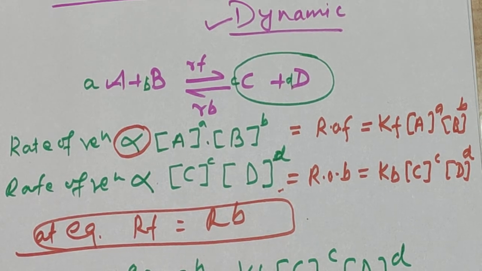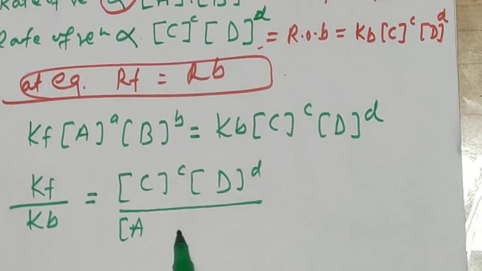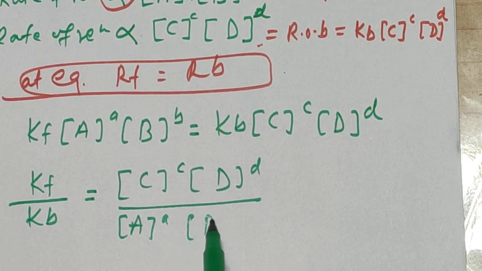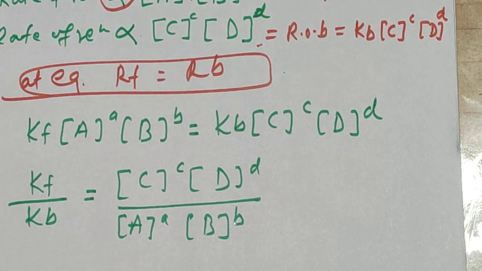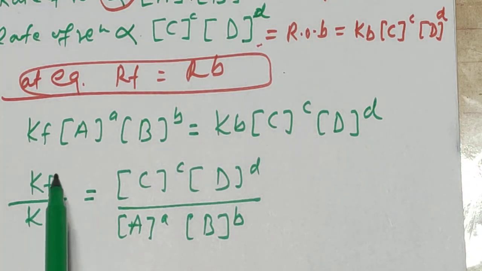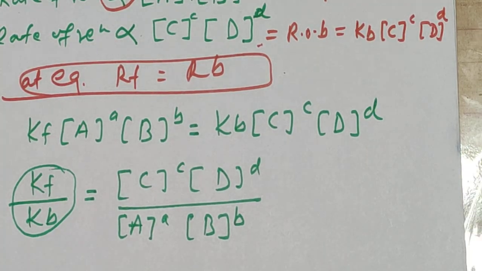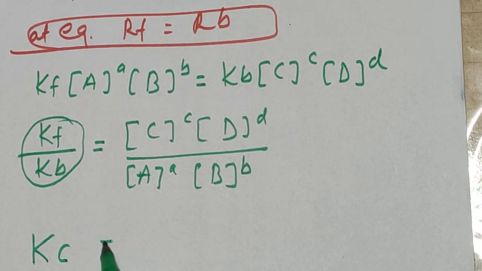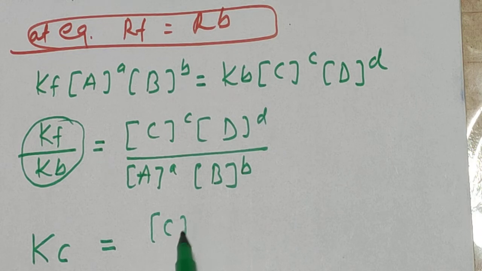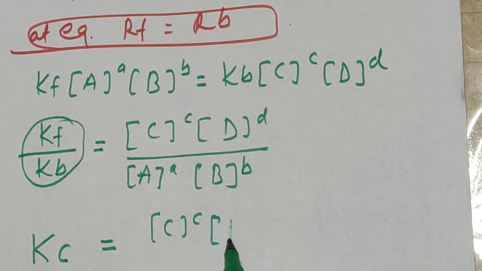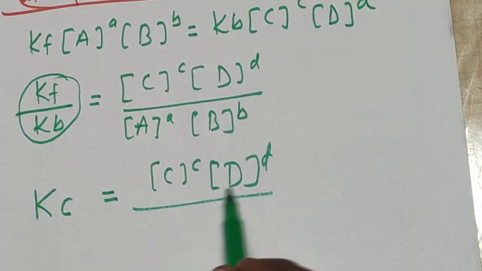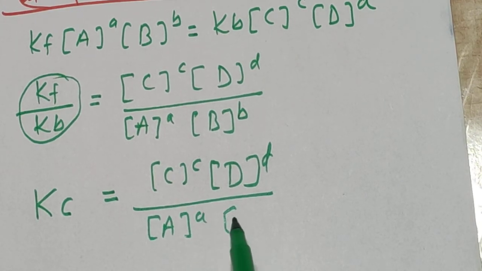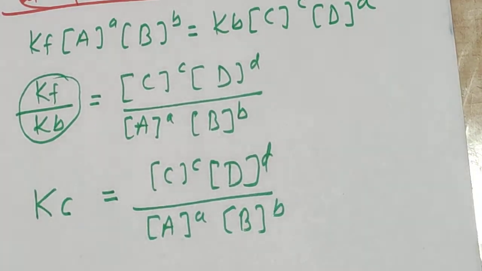C to the power c into D to the power d divided by A to the power a into B to the power b. At equilibrium, this ratio of the rates, Kf over Kb, I can write as Kc. So Kc is equal to C to the power c into D to the power d divided by A to the power a into B to the power b.